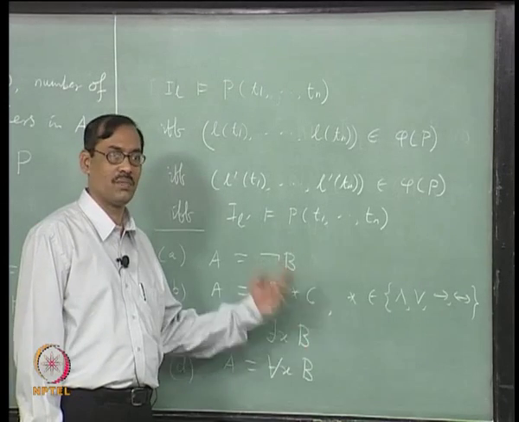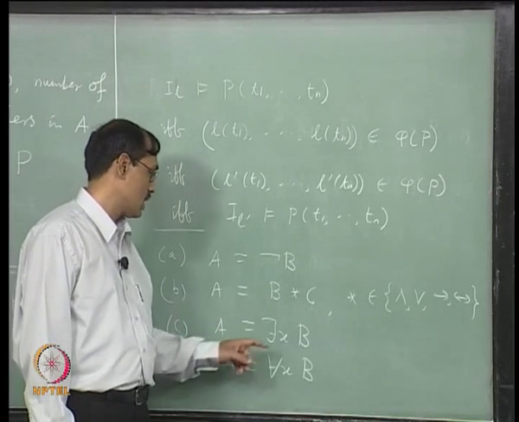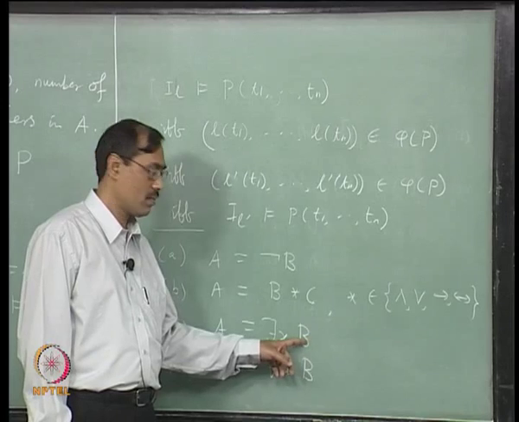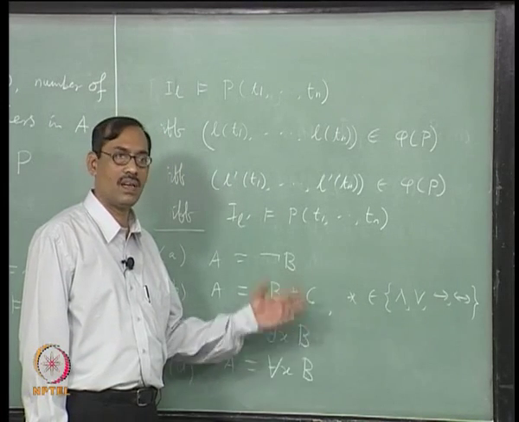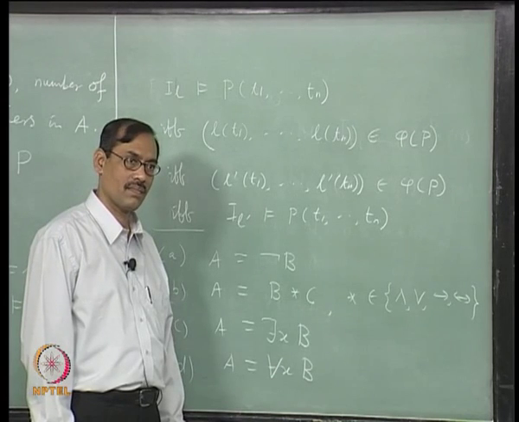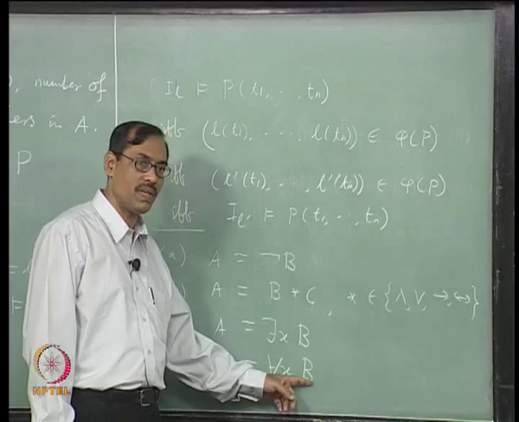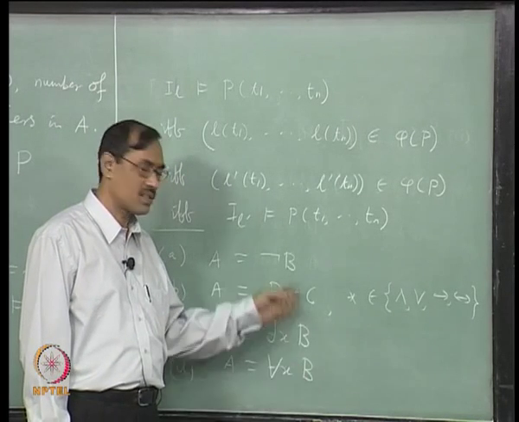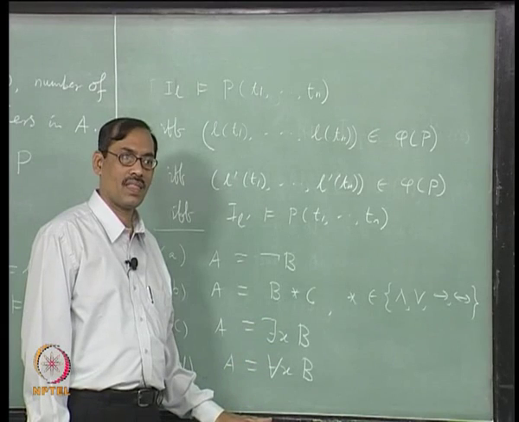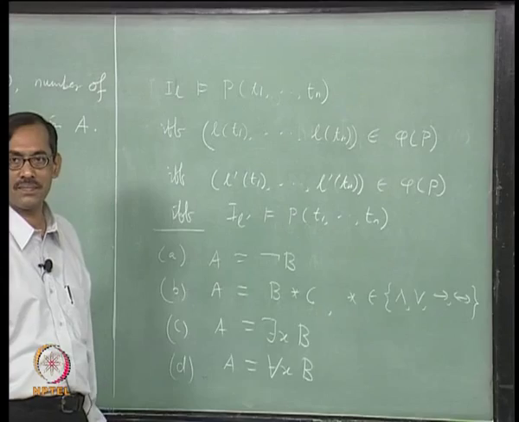You assume it for all less than or equal to k, and in the quantifier case the connectives may be the same, but one quantifier is less. So, in B again nu of B will be equal to k. Similarly, for each x B we will have again equal to k. So, you can use the induction hypothesis on these and then go for the induction step, that is what we will be doing.